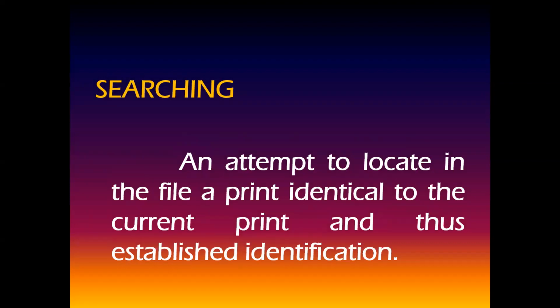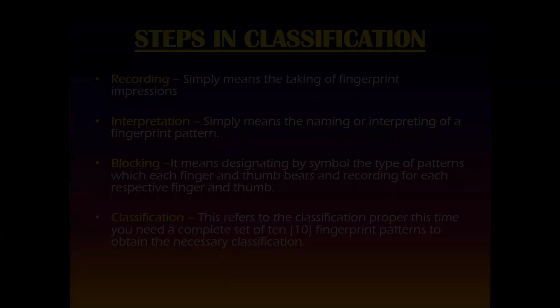Way back in the 1970s, 80s, 90s, if you were applying for a police clearance, NBI clearance for that matter, it would take you a very long period of time because they had to look for a fingerprint formula similar to yours in the fingerprint file to know whether or not you have a previous criminal offense or previous criminal records.